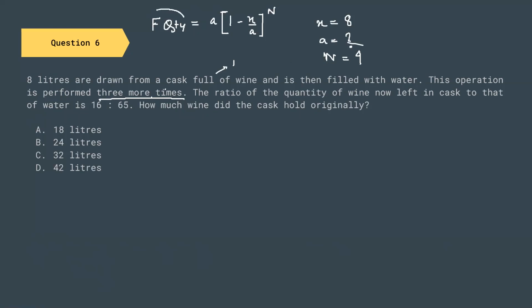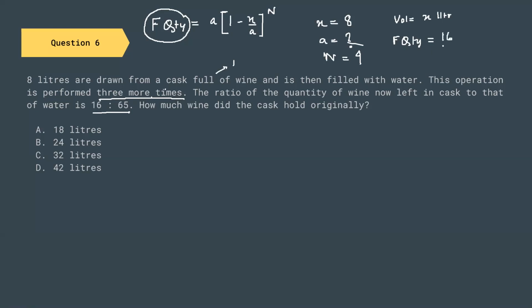Now, what is the final quantity of wine? Let us assume that the volume of this cask is X liters. So the final quantity of wine will be, 16 is to 65 is the ratio of wine to water.